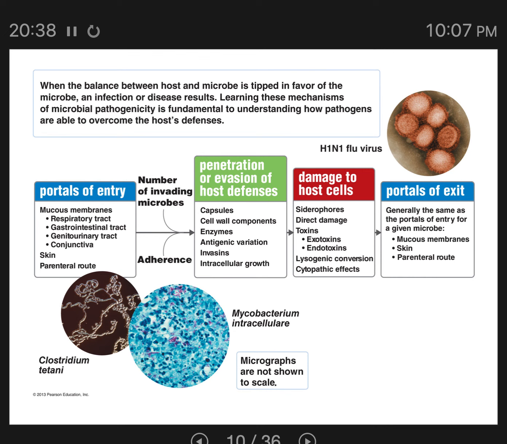And then they have to find a portal of exit because your immune system is going to catch on eventually, or they're going to destroy you. For a pathogen, there are only two ways this can end. The immune system kills the pathogen or the pathogen kills the human host. So they have to find a portal of exit. That's different from the microbes that are part of your microbiome. Those that are living peacefully with you are not in a hurry to find an exit, right? Because they're living more sustainably with their host.